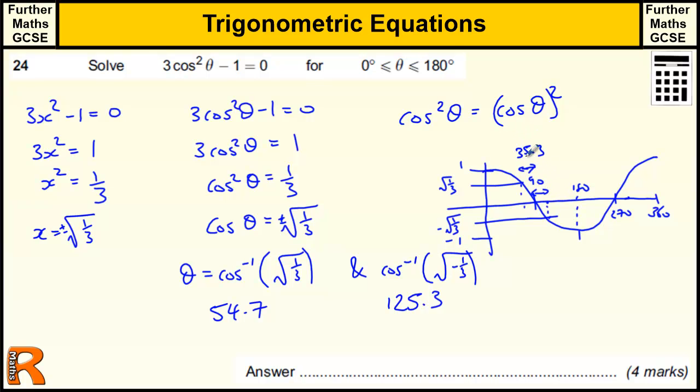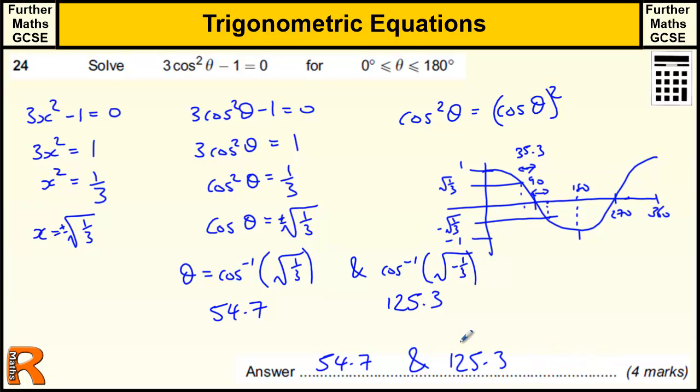So 90 plus 35.3 gives 125.3. Because the graph is symmetrical, if we know the answer between 0 and 90 we can work out via the symmetry anywhere else. So the answer is going to be 54.7 and 125.3.